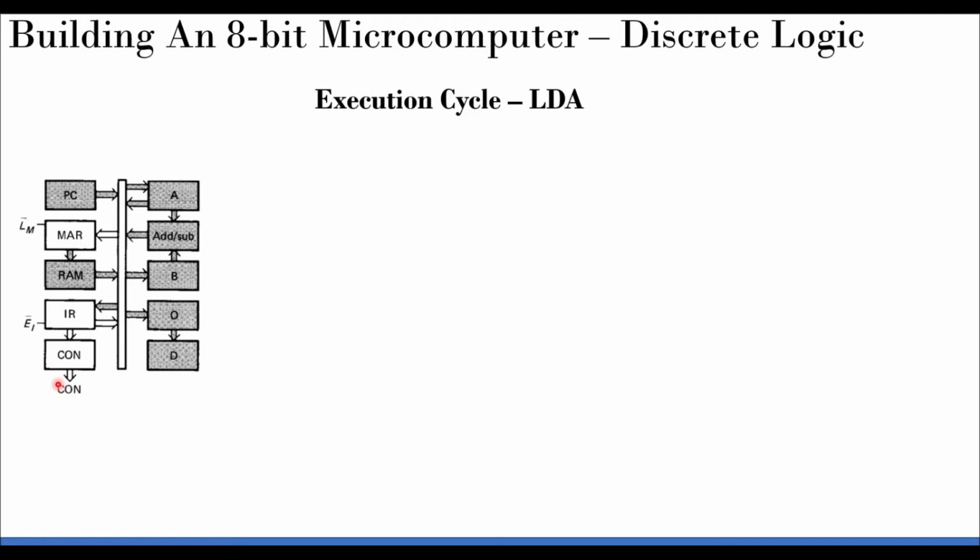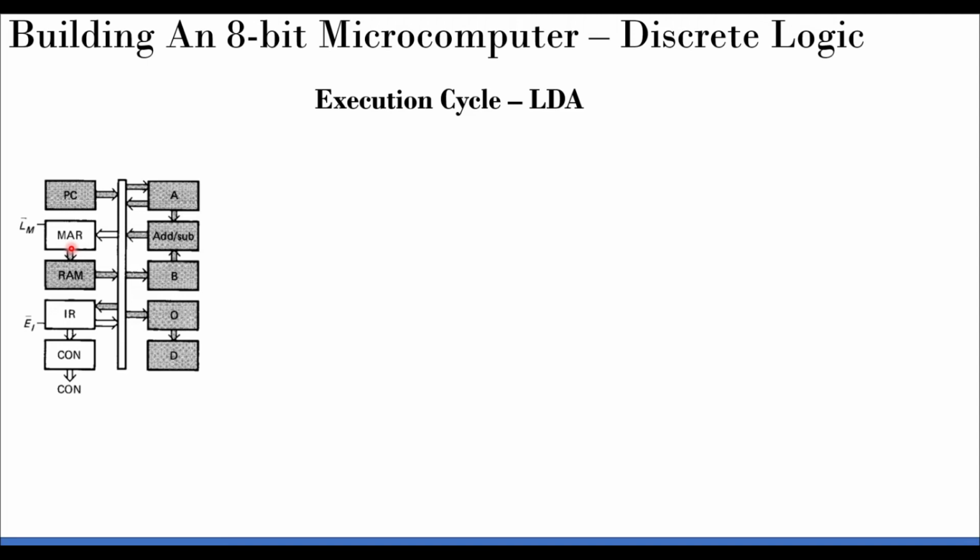Based on it being LDA, we will issue the control signals over the next few clock cycles. The data part will go into the bus and to the memory address register. So the address location of LDA, that address, will go to the memory address register. That's the first step, first cycle.